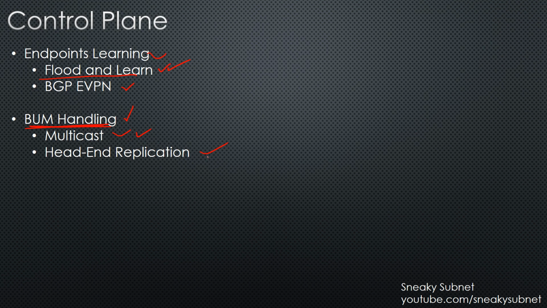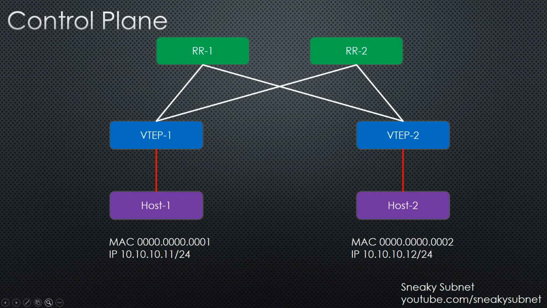Now we need to talk about head-end replication. This is pretty simple. Instead of multicast, we can basically use replication. It means that VTEP number 1 has some kind of table, and in that table it has all required information about all VTEPs.